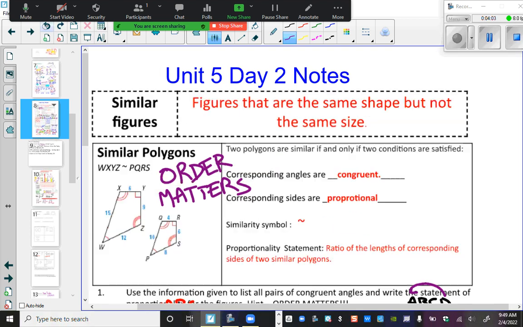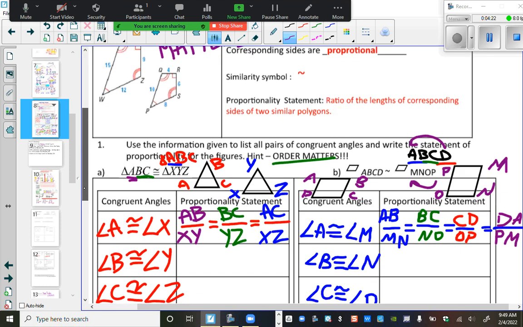Some similarity statement, just like your congruent statement. Take your letters in order. Corresponding angles are congruent. Corresponding sides are proportional. Yeah, well, I'm just doing a quick pass through. Yep, you got the right packet.